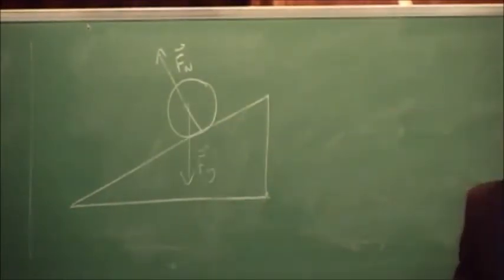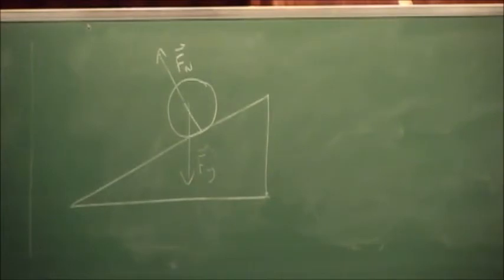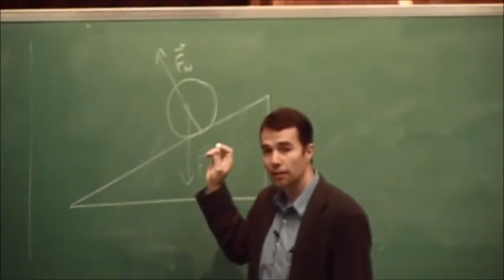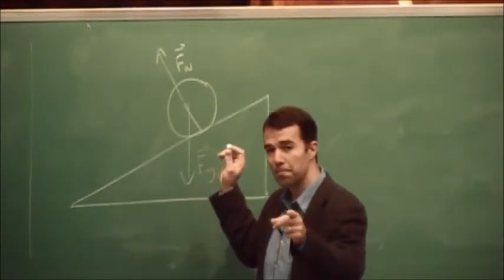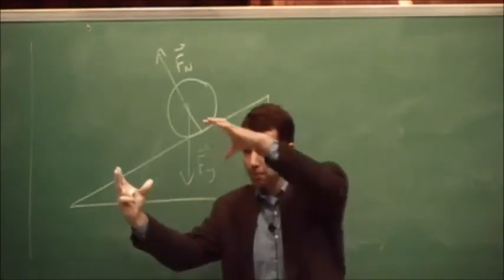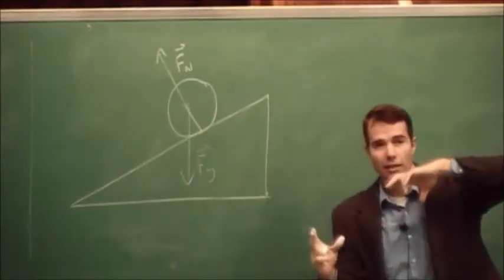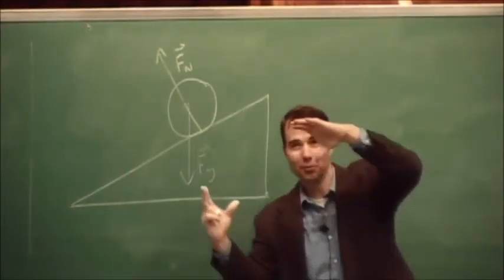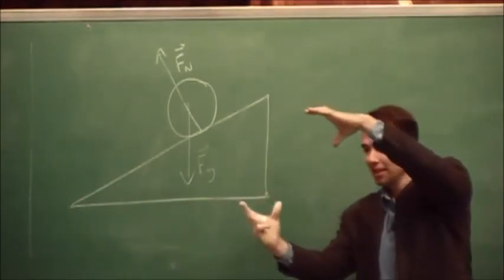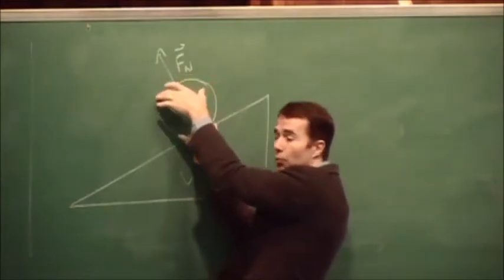Okay, what else do we have? Friction. Now, if we didn't have friction, what would happen here? Would it roll? No, it would just be pure translation. Try and make a wheel stand up without any rolling motion. That would be tricky, but it'll just go right down without rolling.